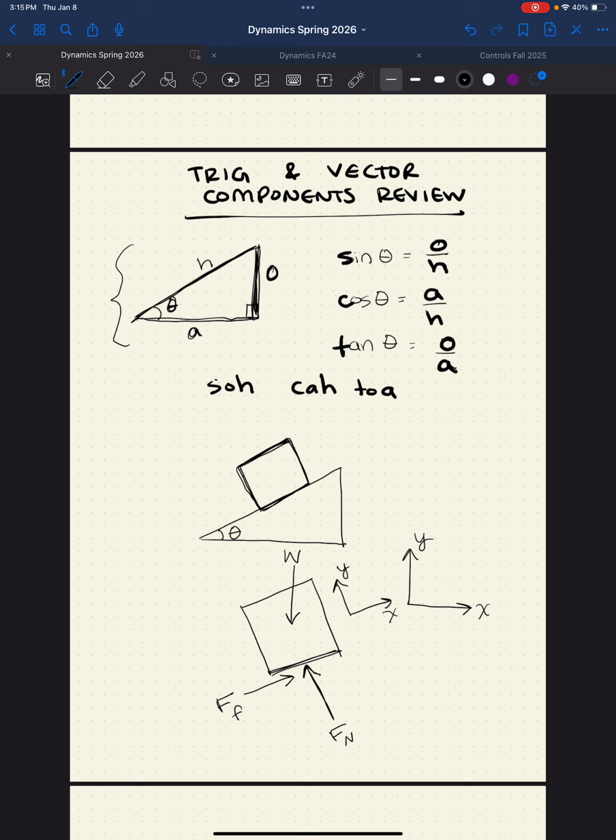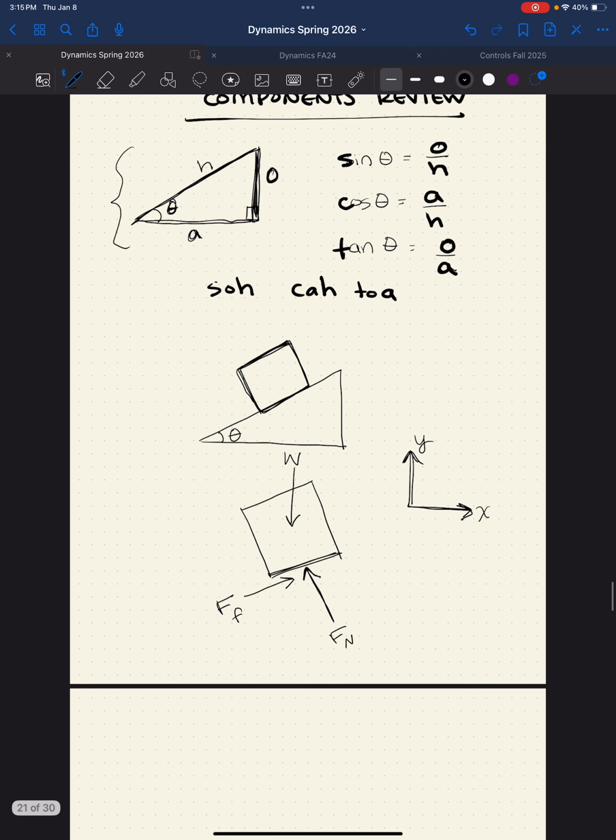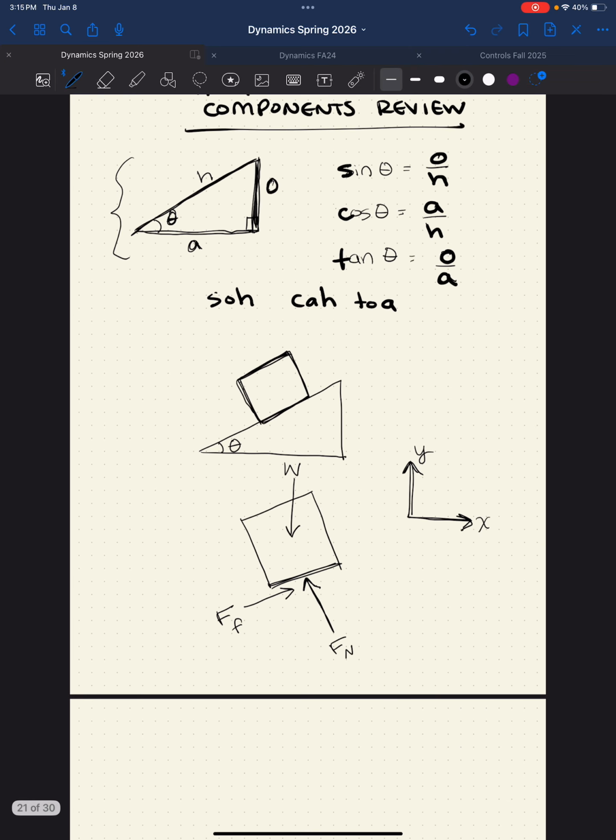So for example, let's say we choose a left, right, up, down coordinate system like I've shown here. If I wanted to write W, the weight due to gravity, as a vector, I would say that W as a vector is equal to all of W in the minus j component, right? Because it goes straight down in the exact same direction as y, except that it points down instead of up.